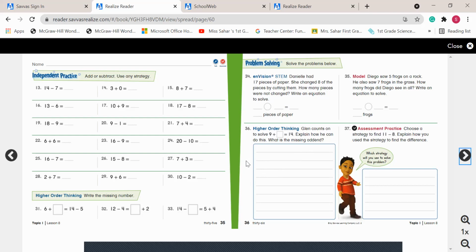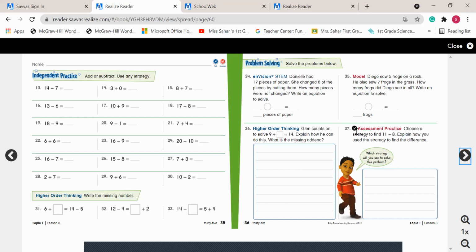Remember the number line? That will be the way you use it. And after counting on how many jumps we did, we count them, there are 5. So the missing addend would be 5. So 9 plus 5 equals 14.